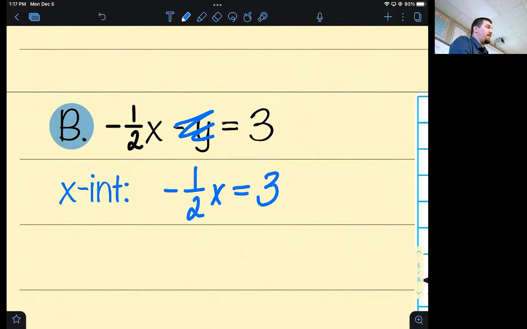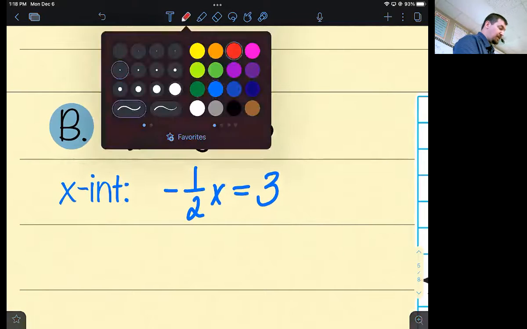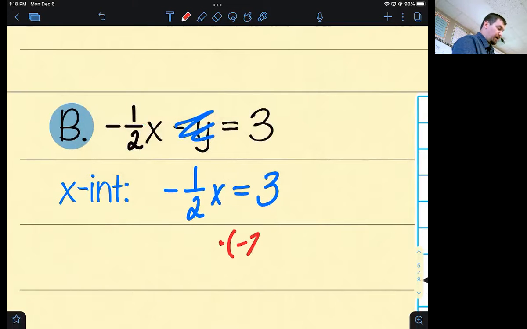Not dividing by 2. You've already flipped it, but you forgot you changed it. Dividing by negative 1/2 and multiplying by negative 1/2 are opposites. But dividing by negative 1/2 is the same as multiplying by negative 2. I think that's what you meant to say, and it just wasn't coming out right.